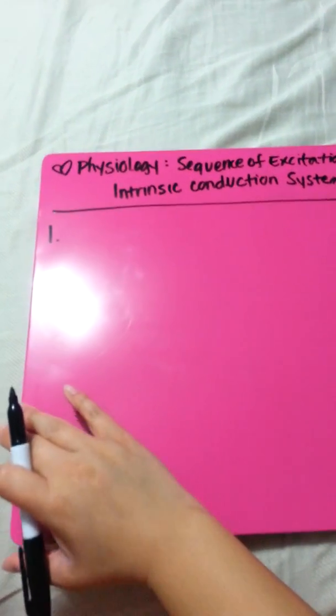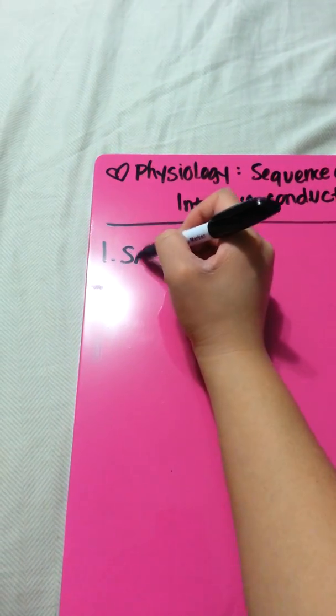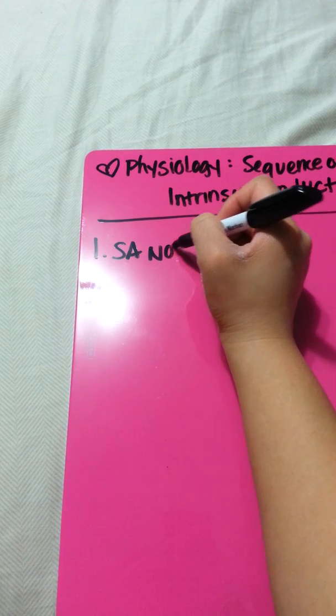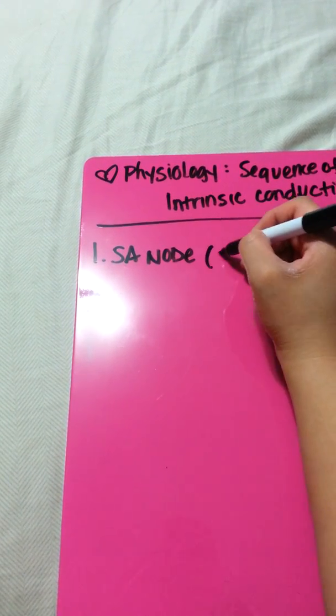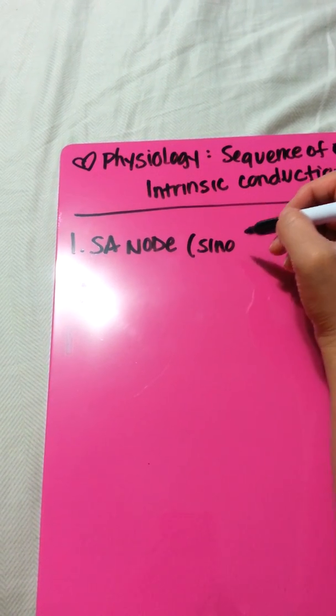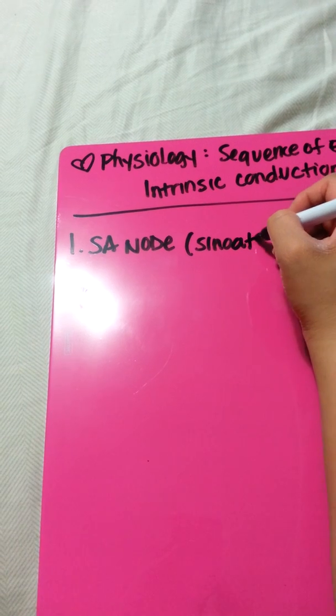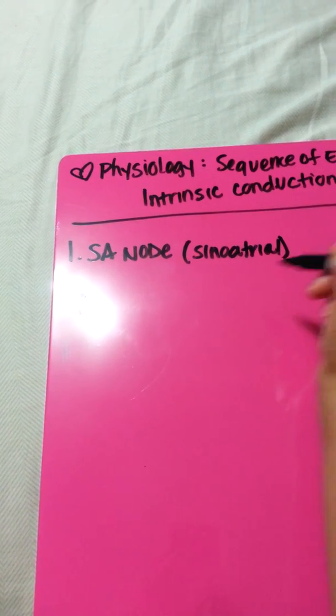Number 1, we have the SA node. Okay, and that's also the sinoatrial node.